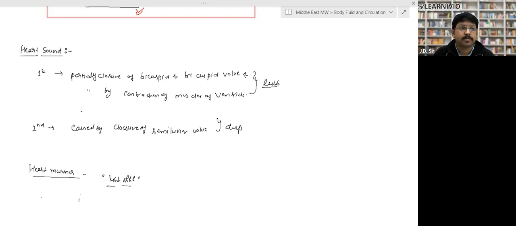Second, electric shock. Third, if the oxygen supply was not proper, the heart tissue got damaged. It may be due to any carcinogen, any harmful substance. There are various reasons.